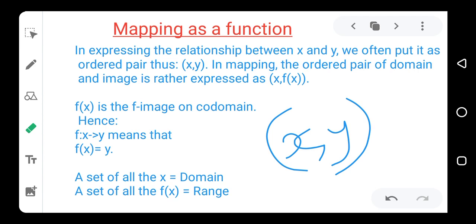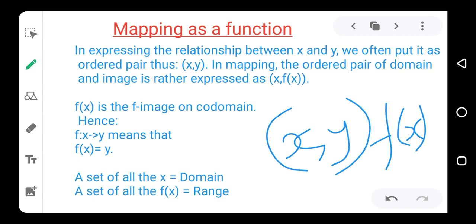Now the images in the codomain are expressed as f(x), that is the function of x. So anything we write as f of x, of any value, is an image that represents the value of y in the codomain.